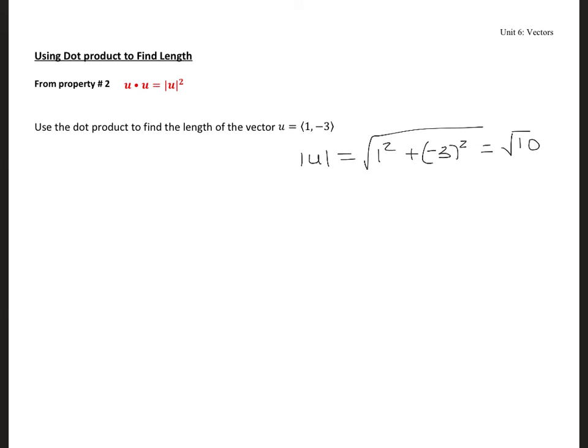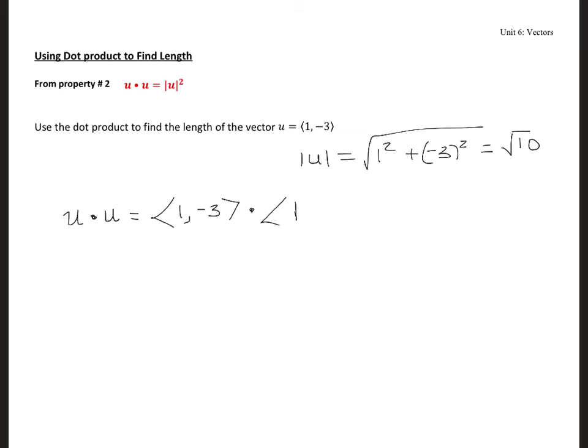But using this property, u dot u is going to be 1, negative 3. Remember, u times u, so I multiply the vector by itself.